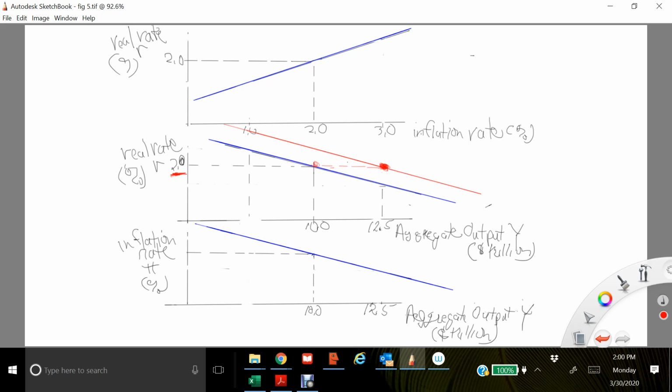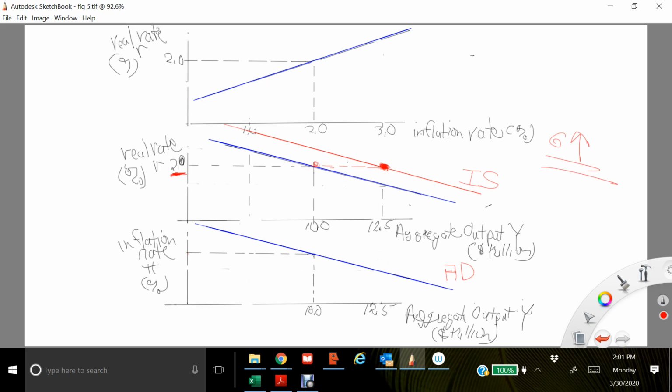And remember, this is our IS curve. So now to graph it on our aggregate demand curve here, when government spending increases, G increases here, we now have a point down here.